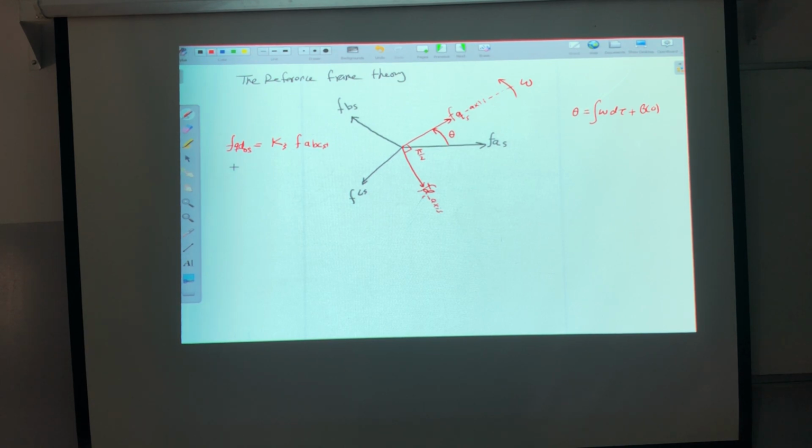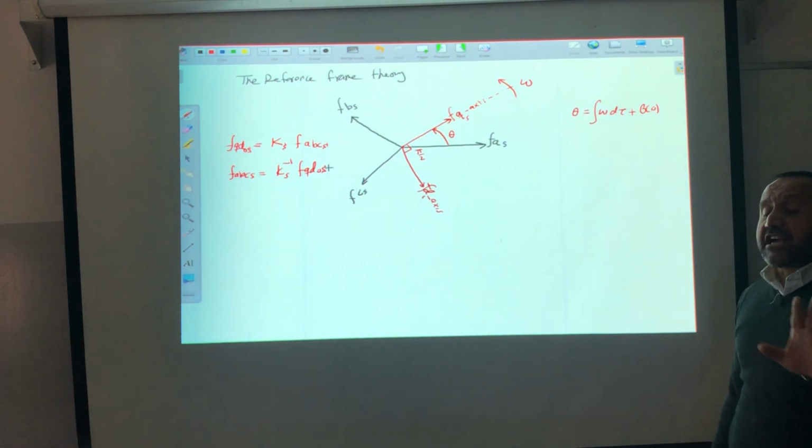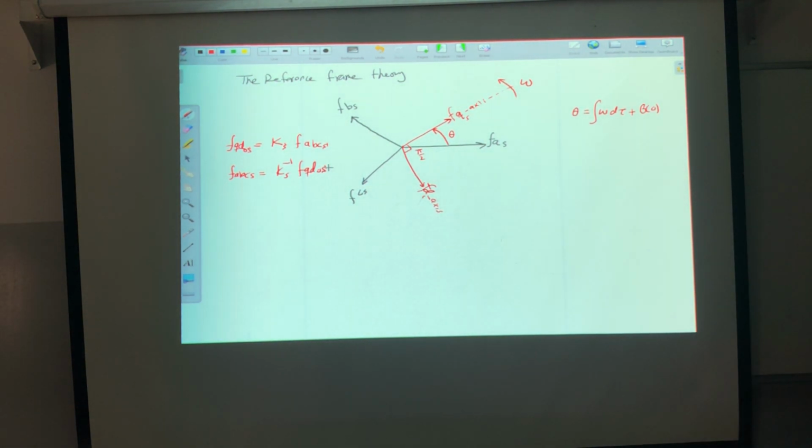So someone now will say that F ABC S will equal KS inverse FQD0 S. Correct? It's cheesecake. So now let's try to find KS. Let's try to find KS. So now let's put here KS equal and let's try to find it.